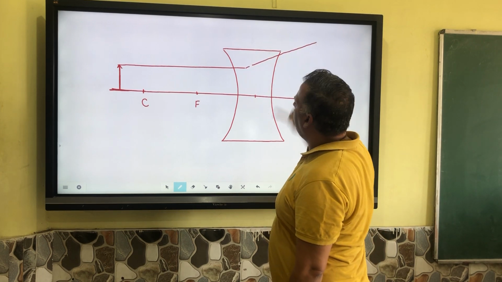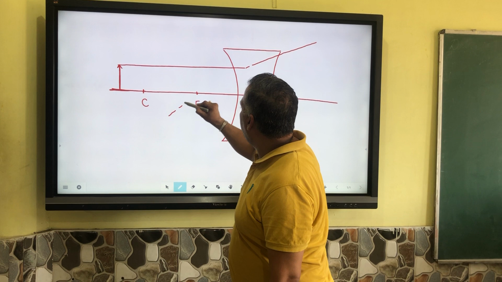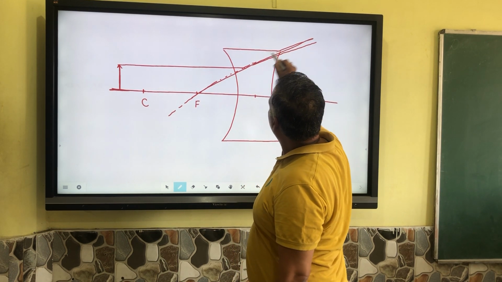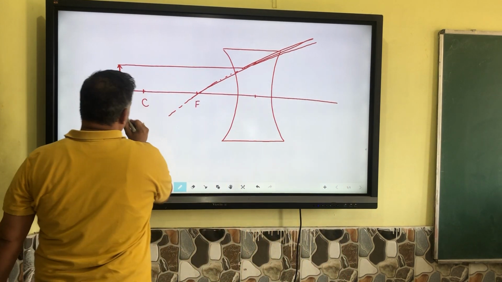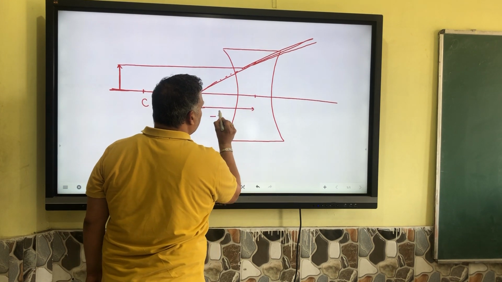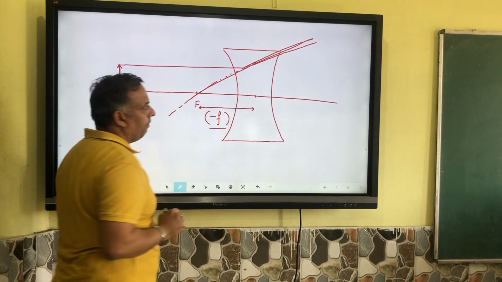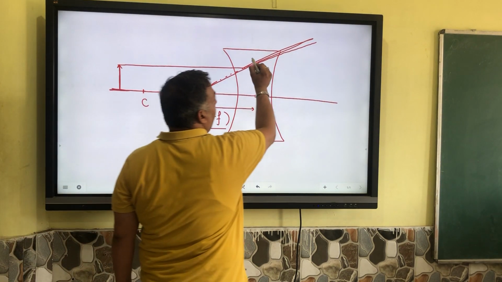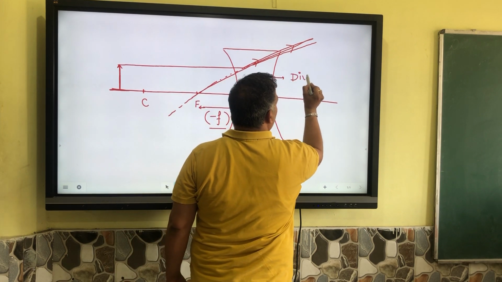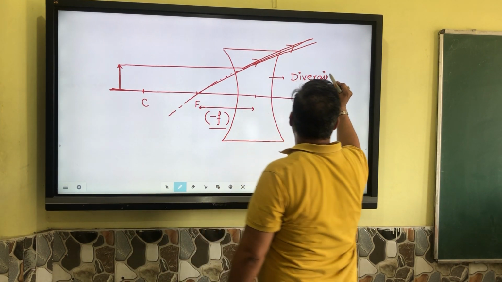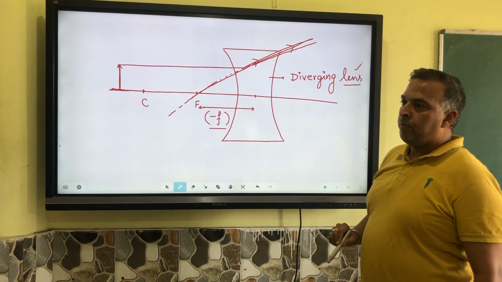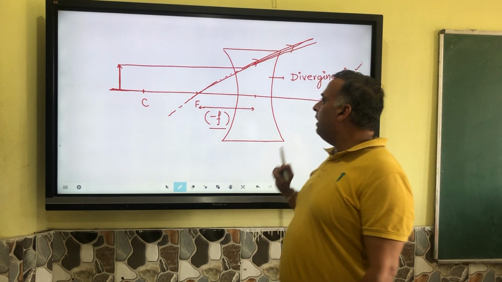It is a diverging lens, and the ray seems to be passing through this focus. So this focus is negative. This ray is diverging, so this lens is a diverging lens. We have to keep this in mind in this case.